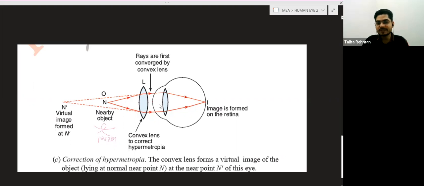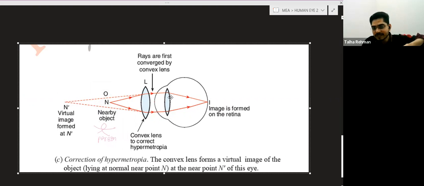Initially the actual object is here, but the image of that object is formed by this lens here. So for this eye lens, this image formed at the near point of the eye will behave as the object.